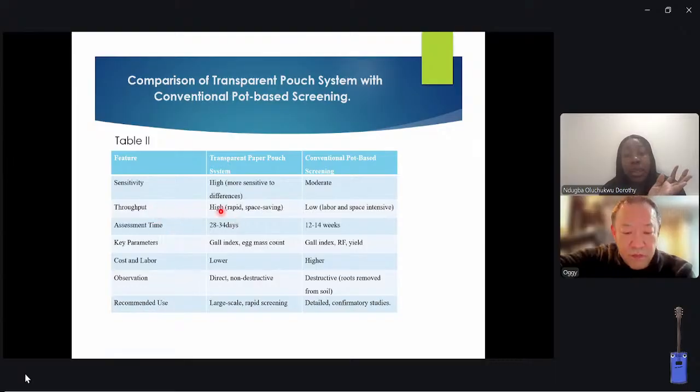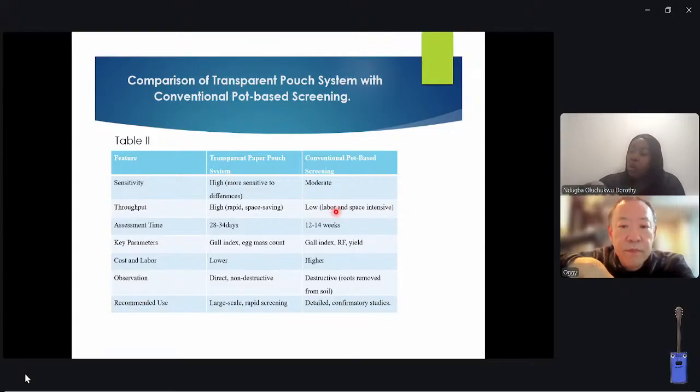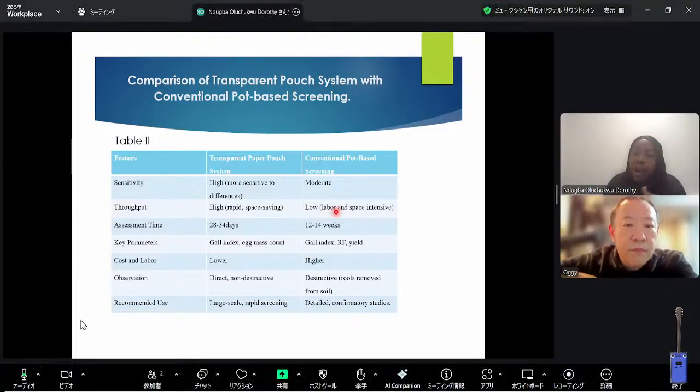And the throughput is high, it is rapid, and it is space saving because you can do a lot of experiments at the same time in a small space. But for the conventional pot method, I mean when you plant in a pot, or maybe you plant on a farm for your experiment. But mine was done in the lab.